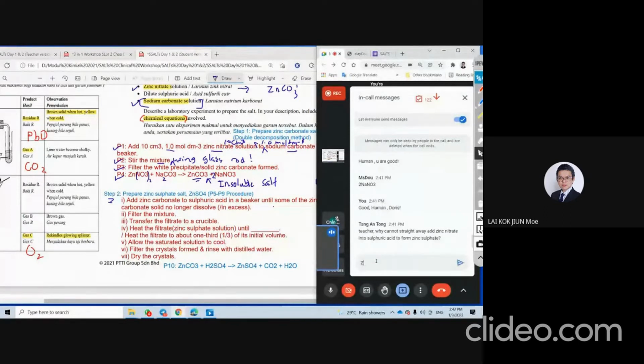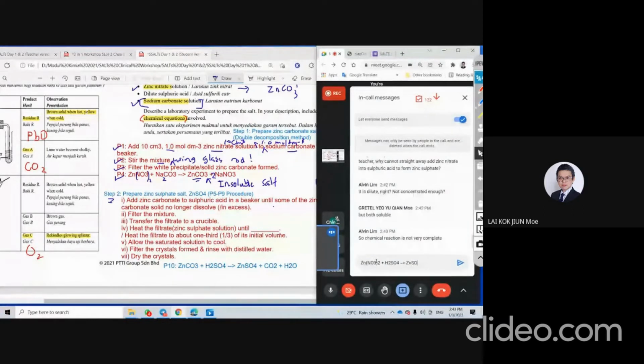Check the equation. Zinc nitrate plus H2SO4, you will form zinc sulfate.